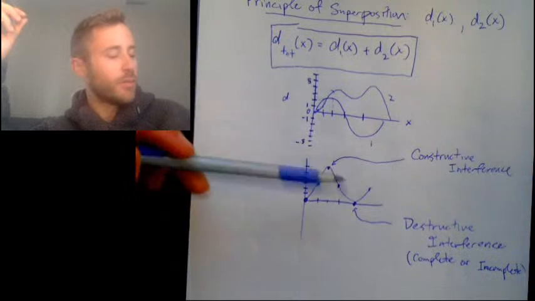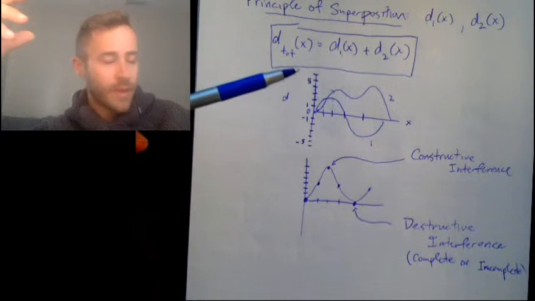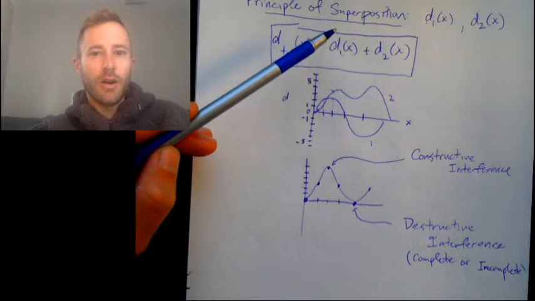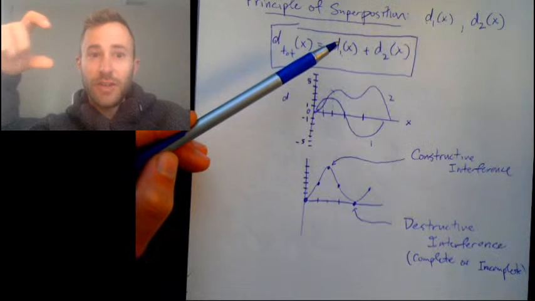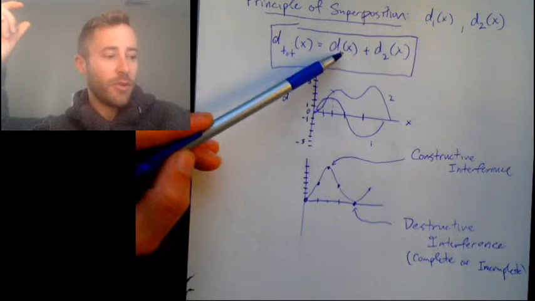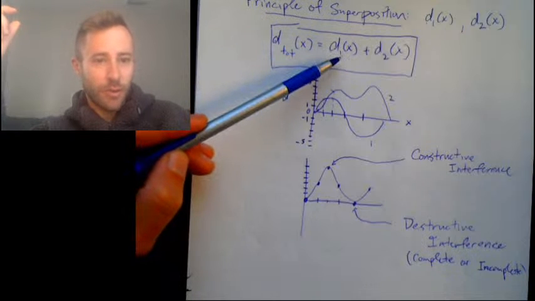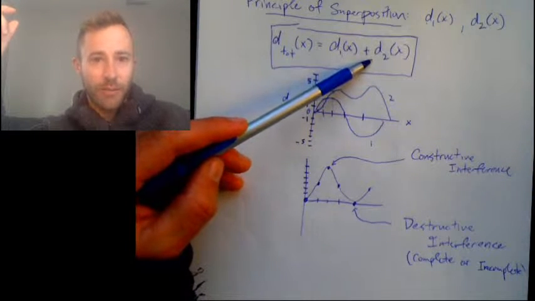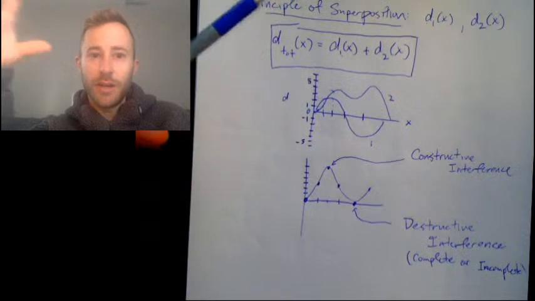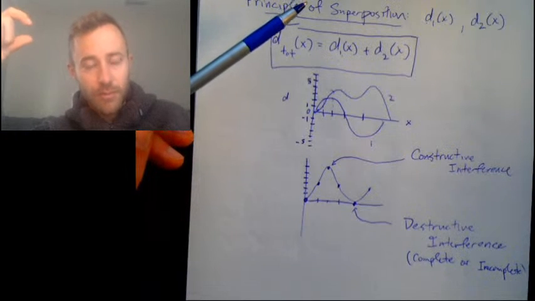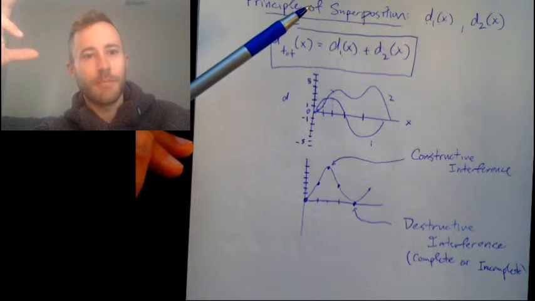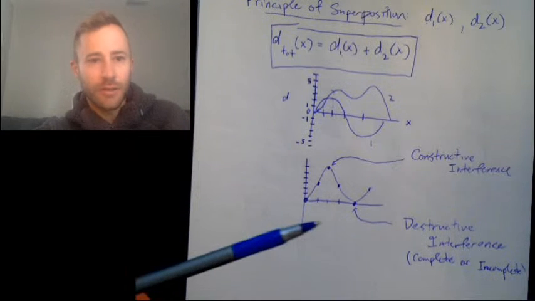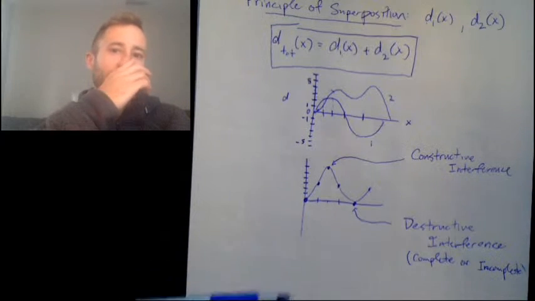That would be completely destructive interference. If the two waves have opposite signs but are not the same size, say a wave that has a displacement of 5 and a wave that has a displacement of -3, then they would combine to make a wave of size 2, which is smaller, but it's not completely canceled out. So that's incompletely destructive interference.